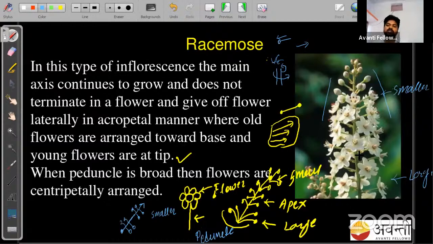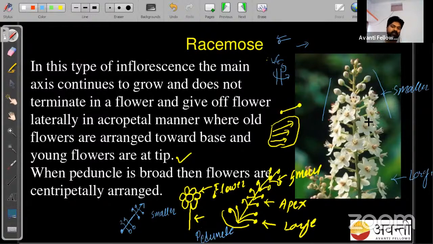Why acropetal? Because the basal side is large and the apex side is small, it contains small flowers, while the basal side contains large flowers. That arrangement is known as acropetal.